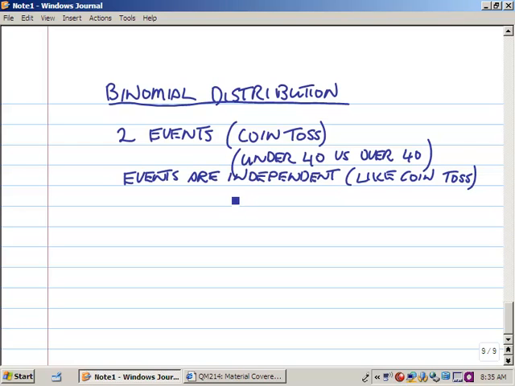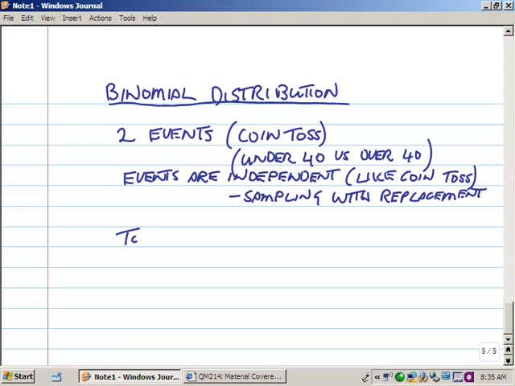That means we're essentially sampling with replacement. As I said, we've seen that event before, so let's just do a simple distribution.